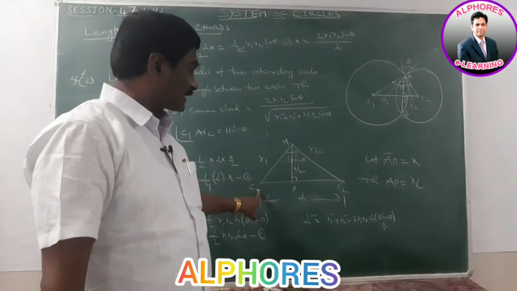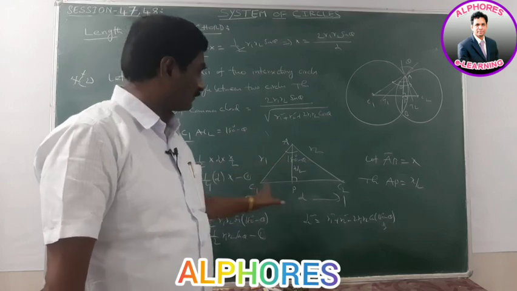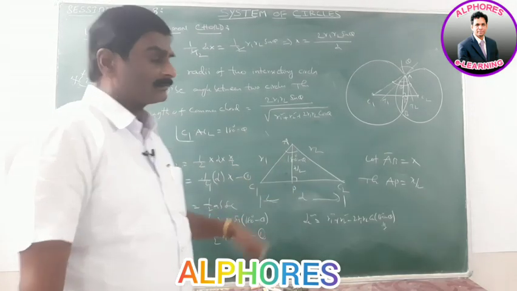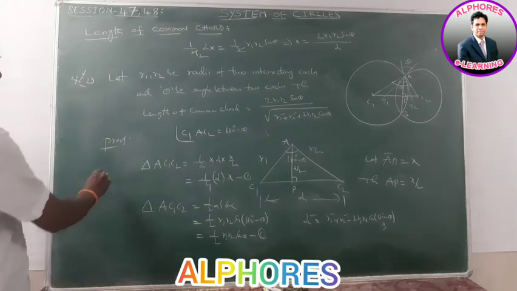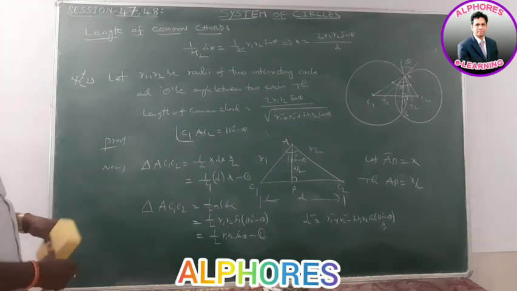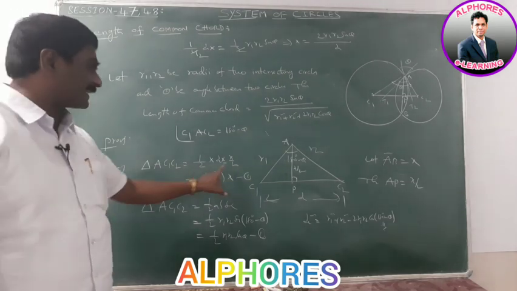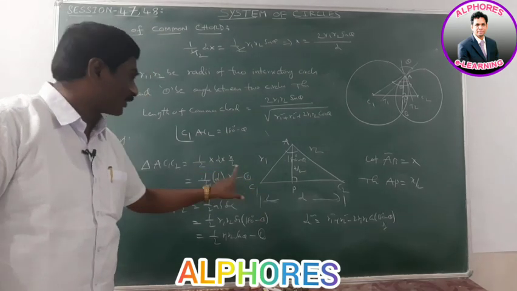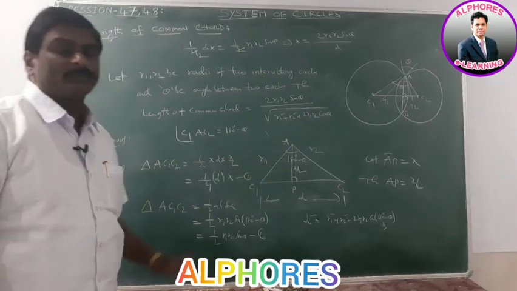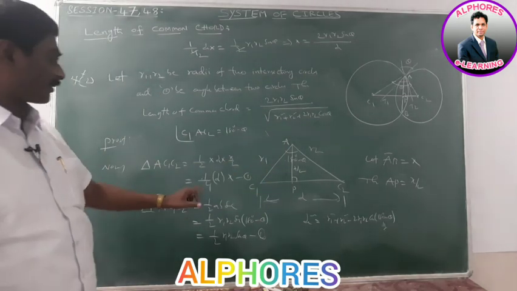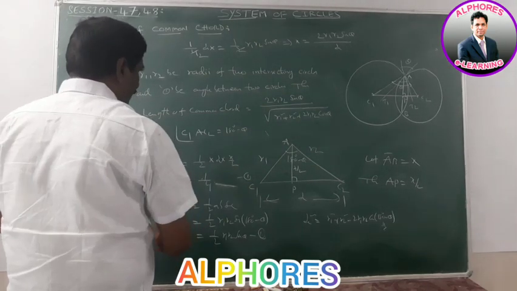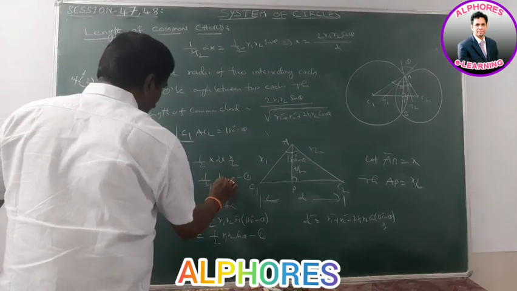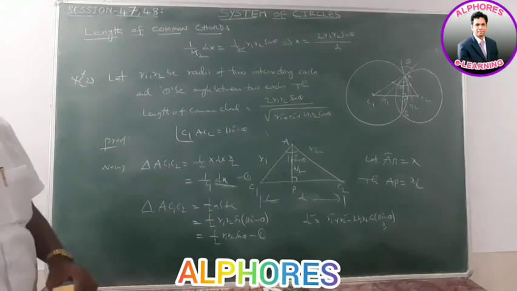Note this triangle separately. Now, area of triangle AC1C2 is equal to half base into height. Base means d, height means x by 2. That is equal to 1 by 4 into dx. It is equation number 1.